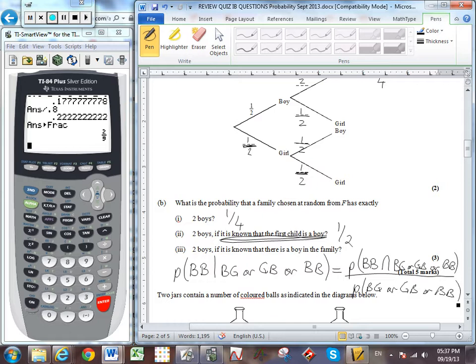So always when you are dealing with a conditional probability, we can't just read the answer off of the diagram because you've been given the very first selection that was being made. So in that case, use the conditional probability formula, which is the probability of both events happening divided by the probability of only the given event. Alright, here we go. What's the probability of having boy-boy and at the same time you have either boy-girl or girl-boy or boy-boy?